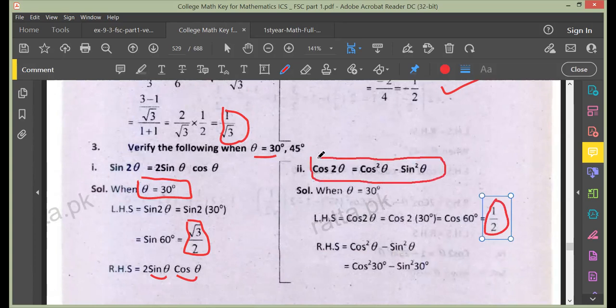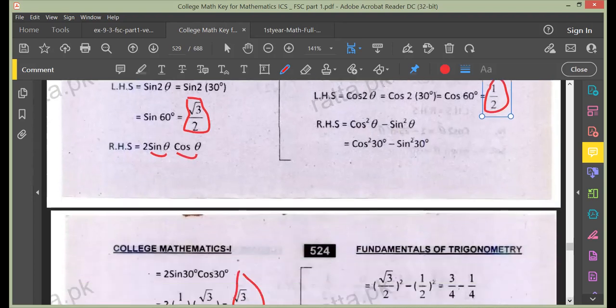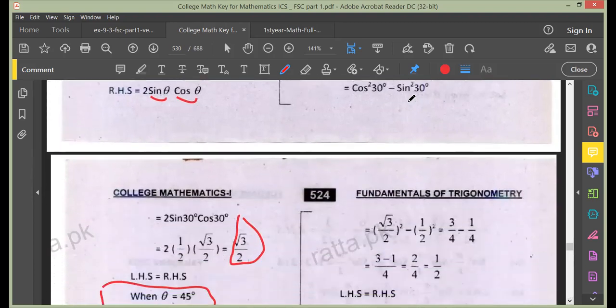Similarly, if we want to do the right hand side of this question, we will write it as cos square theta with theta is equal to 30. So cos square 30 minus sin square 30. We know that the value of cos 30 is equal to square root 3 by 2. Similarly, the value of sin 30 is equal to 1 by 2. So after squaring, square root 3 square will be equal to 3, 2 square will be equal to 4, minus 1 square is equal to 1 and 2 square will be equal to 4.